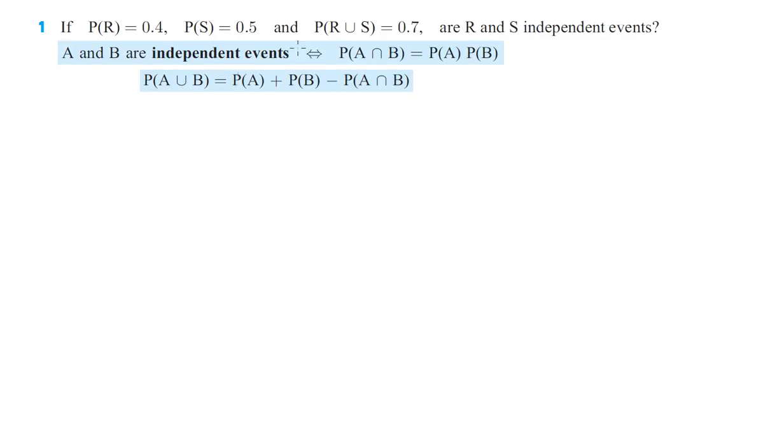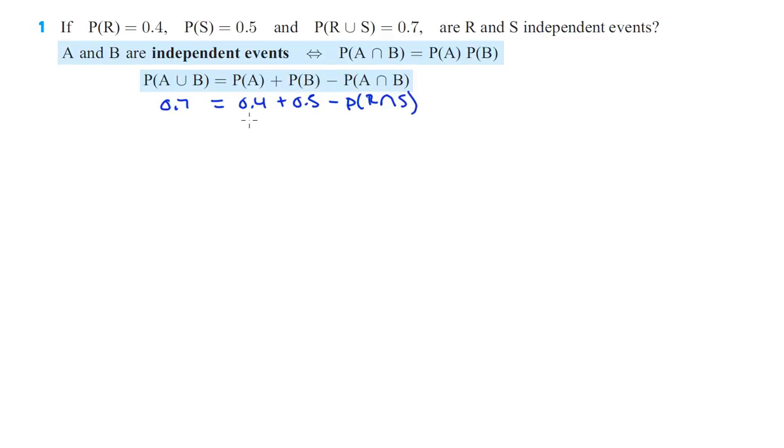So the probability of A union B, or R union S in this case, is 0.7. So we have 0.7 equals the probability of A, let's just call that R, is 0.4, and the probability of S is 0.5, and then we'll have to figure out what the probability of R intersect S is.